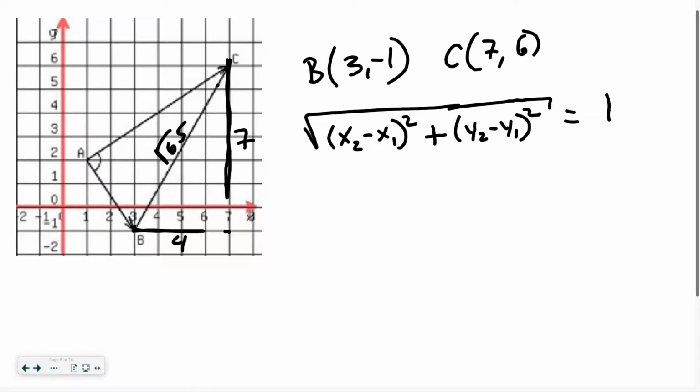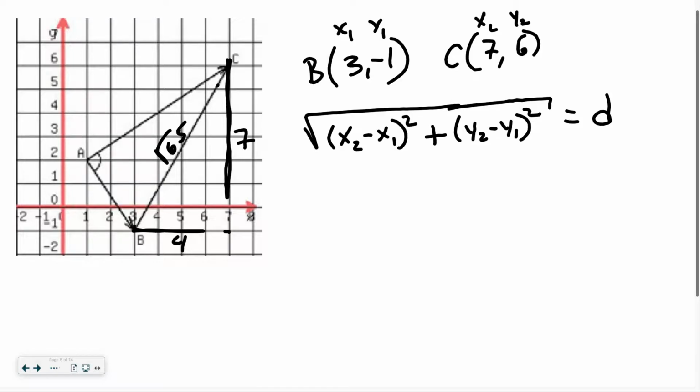That is equal to the distance of any segment. Well, what is x1 and what is x2, y1 and y2? Well, this is the x1 coordinate. This is the y1 coordinate. This is the x2 coordinate. This is the y2 coordinate.